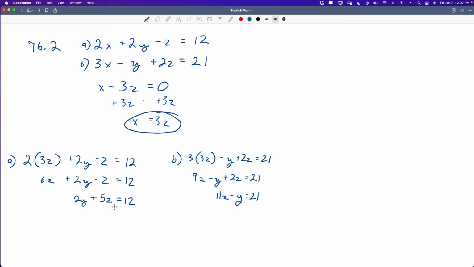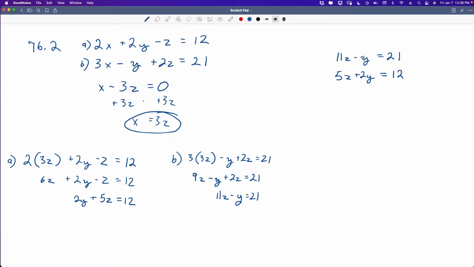So we're going to take these two and we're going to rearrange them just a little bit because they're not in the same order. So I'm just going to flip-flop this one to make it the same as this one. All right, so I'm going to say 11z minus y equals 21. And I'm going to take this one and change the order to 5z plus 2y because they're both positive, so it doesn't matter, is 12.